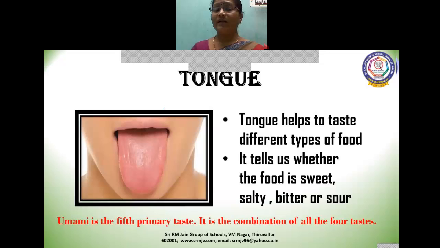You cannot taste any of that without this organ, children. Can you guess? Yes, that is our tongue. We taste with our tongue. We can taste sweet, salty, sour and bitter things with the help of our tongue.